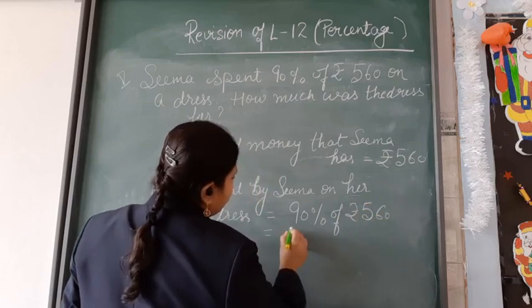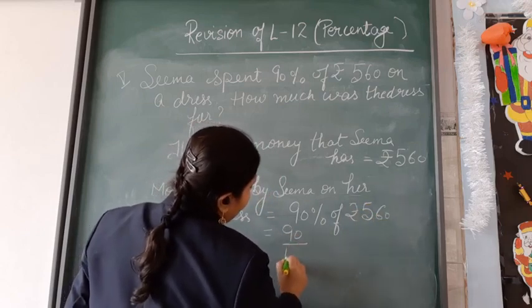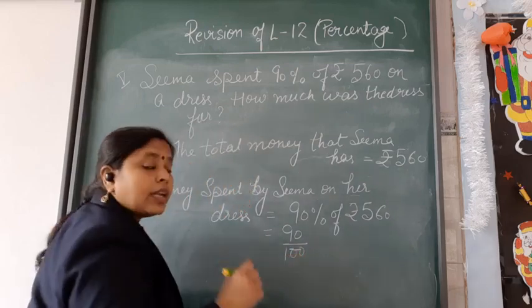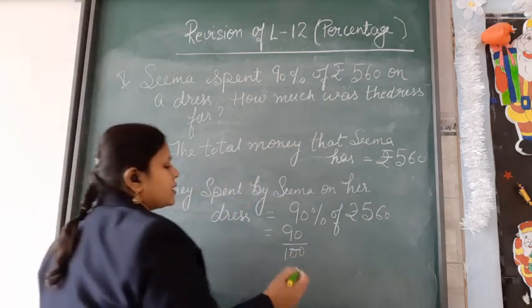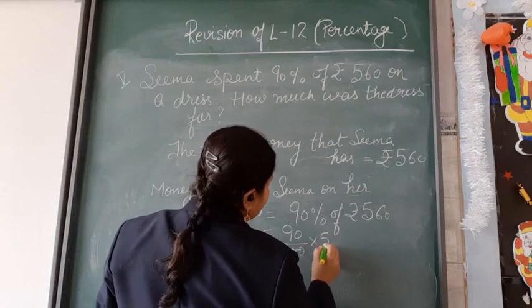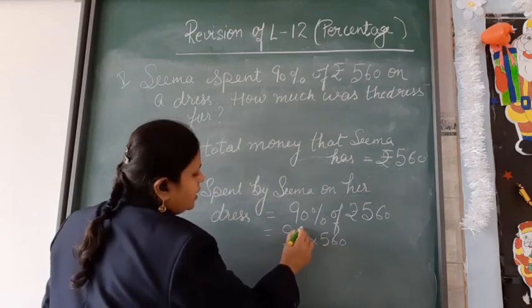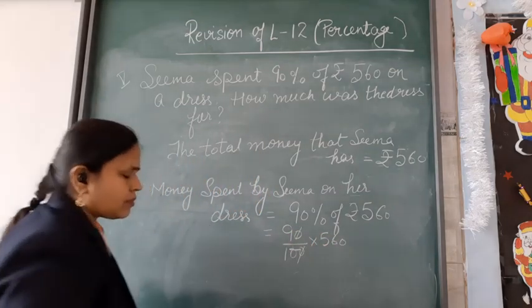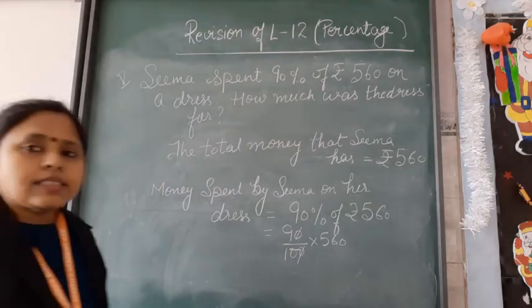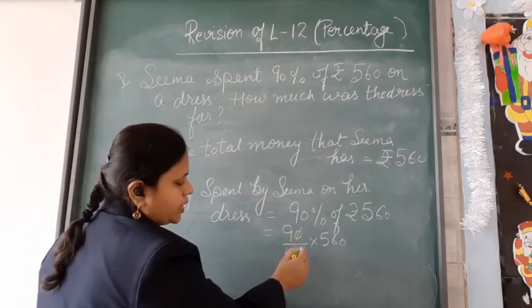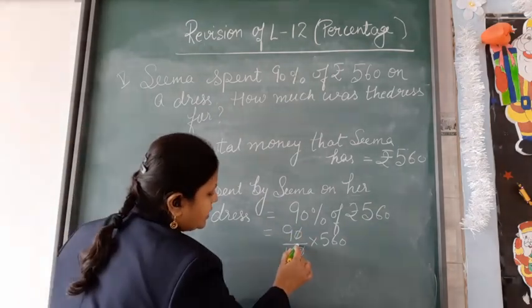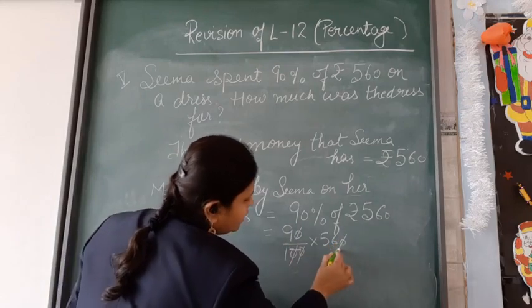So now let us take out what is the value of 90%. Let us find out the value of 90% of rupees 560. Let us cancel the common 0 in the numerator and denominator first, and then let us cancel this common 0 in the numerator and denominator.